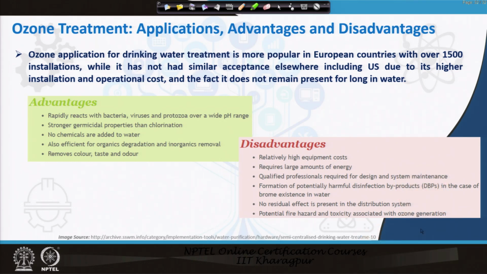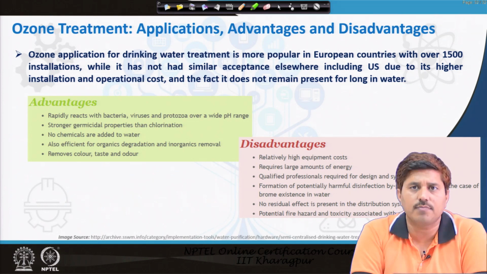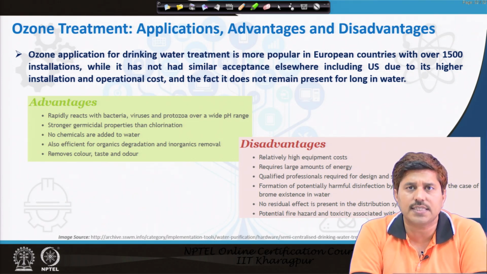European countries are by far the most popular users, they use ozonation to a great extent, as it appears from the number of installations itself, but this process has not had similar acceptance elsewhere.